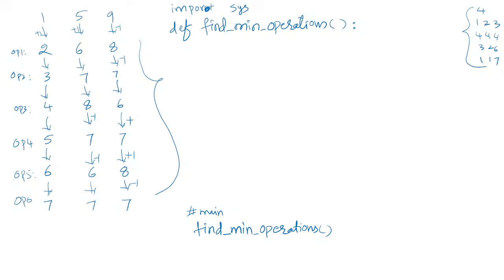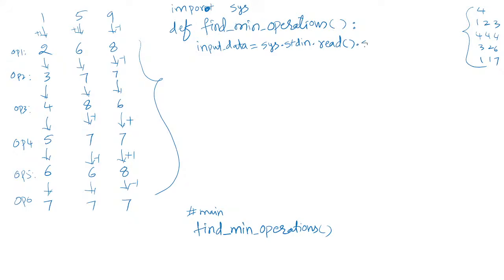So how to read that? Read this input by using sys dot stdin dot read, because it is available in the standard input. There is a function called read, which reads the entire input available on the console in one operation.